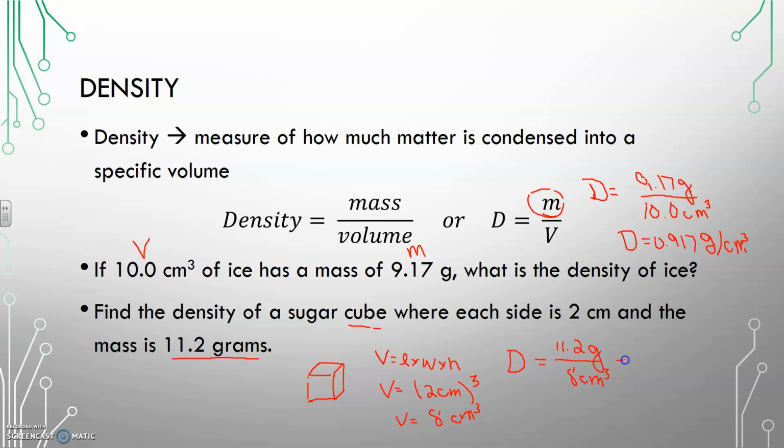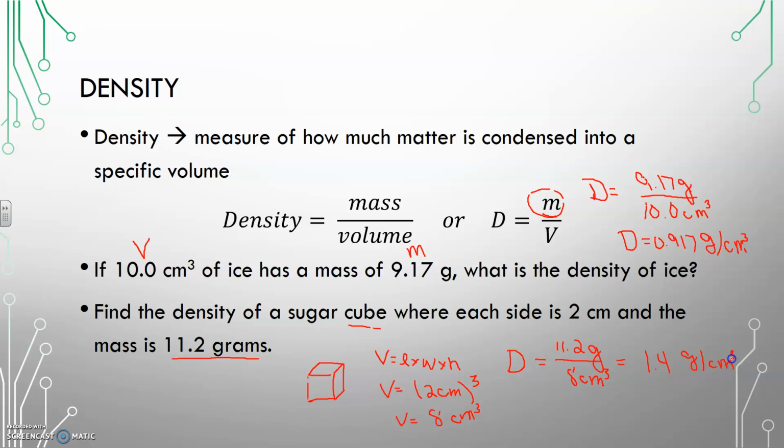You should still have your calculator out, so go ahead and solve that. You should have gotten 1.4, and again it's grams per centimeter cubed.